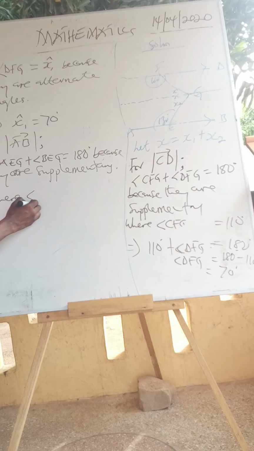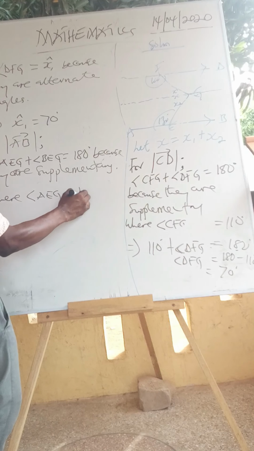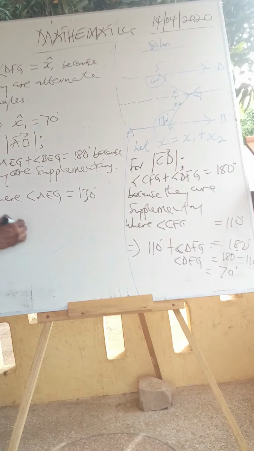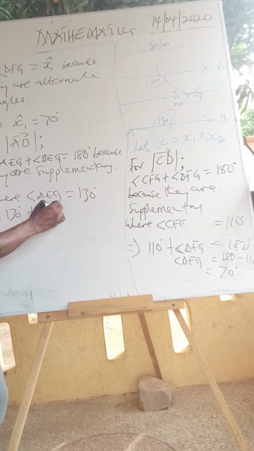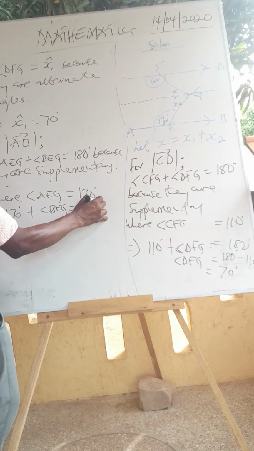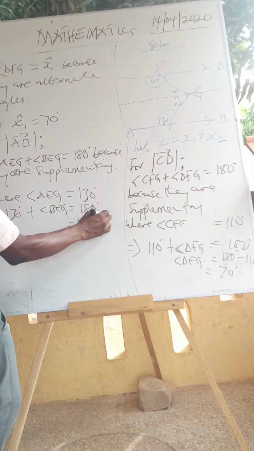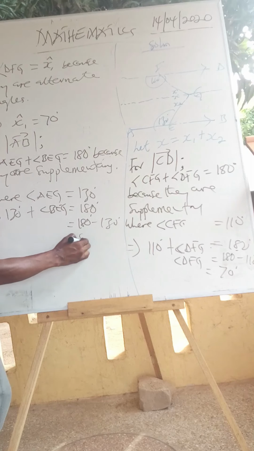Where angle AEG equal to 130 degrees. So this implies 130 degrees plus angle BEG equal to 180 degrees. This is equal to 180 degrees minus 130 degrees, which gives you 50 degrees.